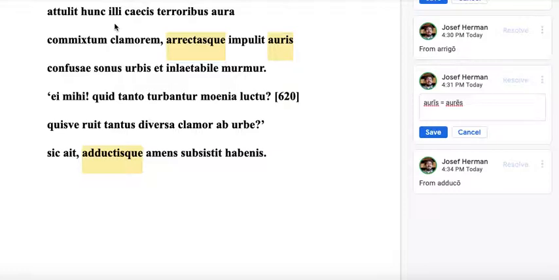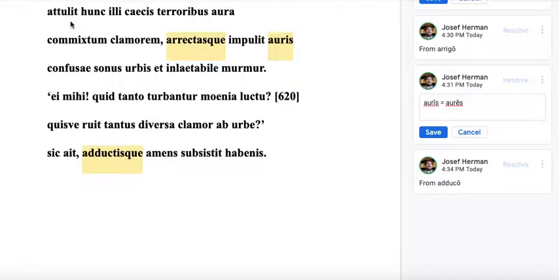Now we need an object. What did the breeze bring to him? It brought to him hunc clamorem. Those are both accusative. Hunc meaning this, clamorem meaning shout. And in fact, it's not just a shout, it's a shout that is commixtum, which means mixed up with something.